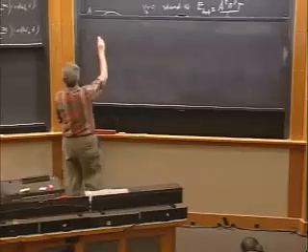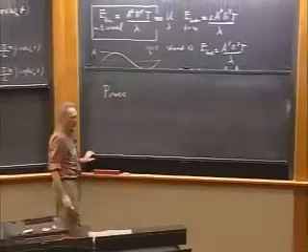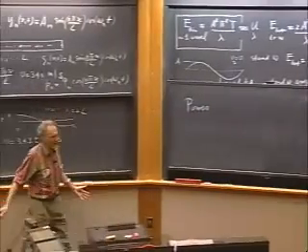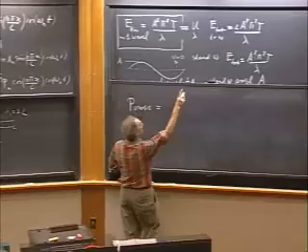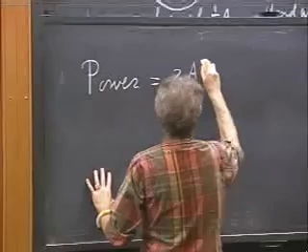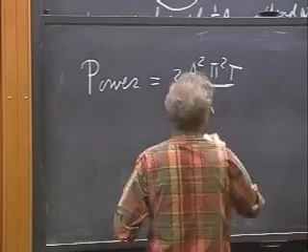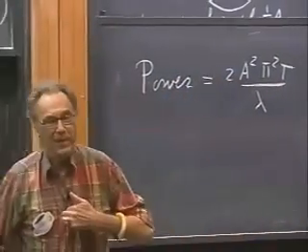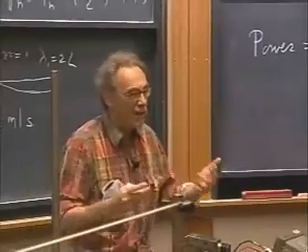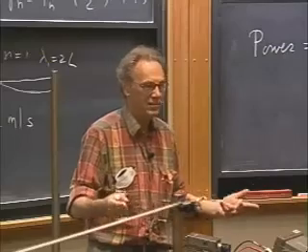And so I can now very easily calculate for you the power to generate a standing wave. That is utterly trivial, because the energy in the standing wave is 2 A squared pi squared t divided by lambda, and all I have to do now is to divide it by the time that it takes me to generate one oscillation. So that's the period of the oscillation.